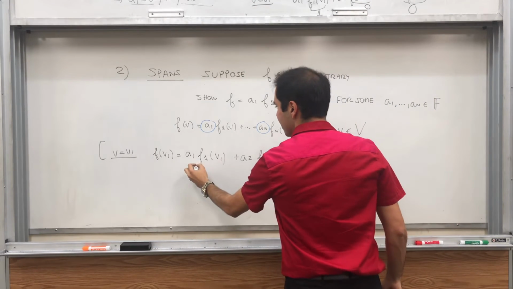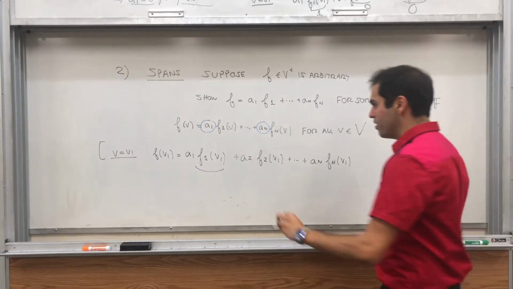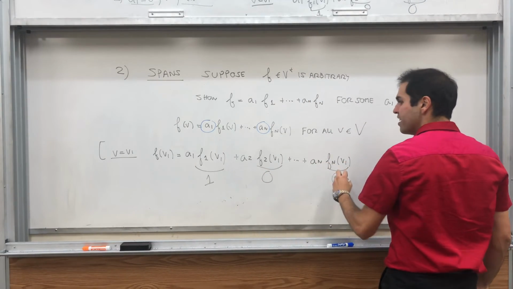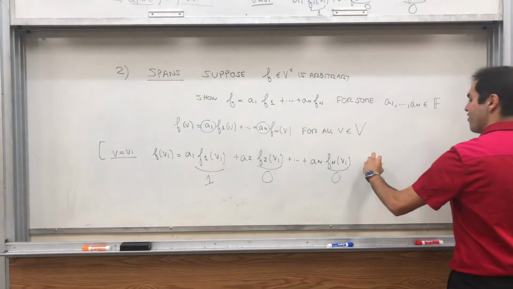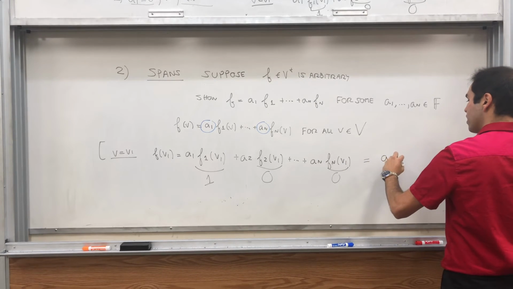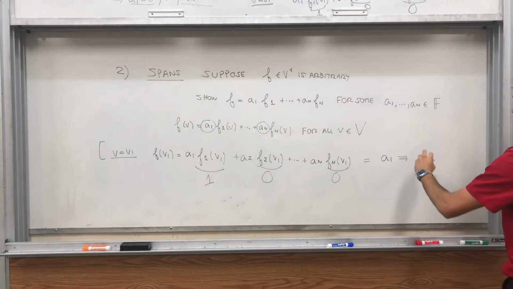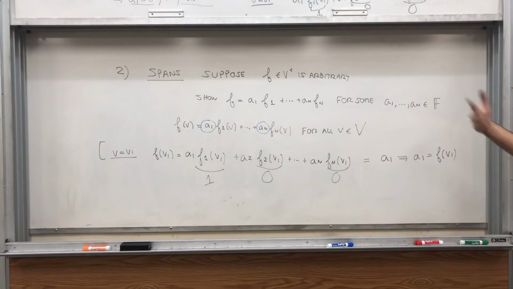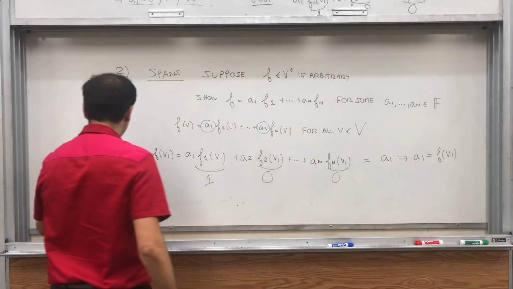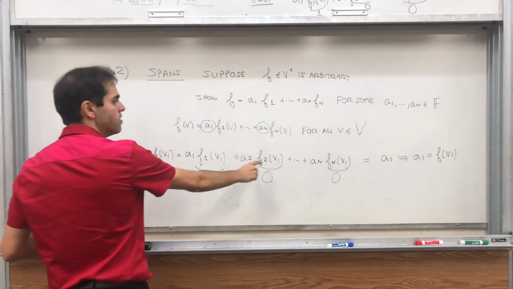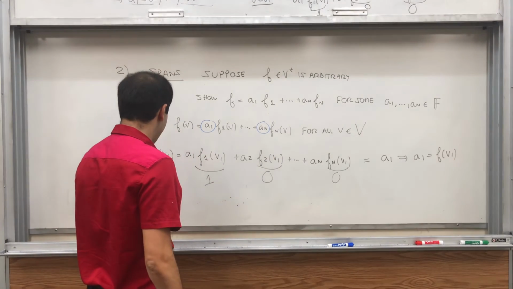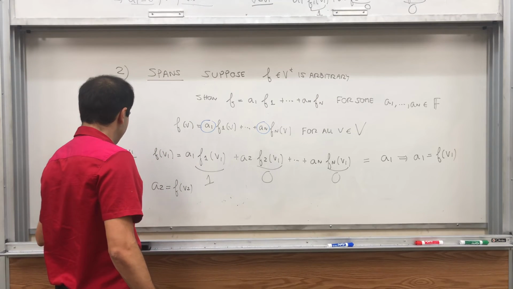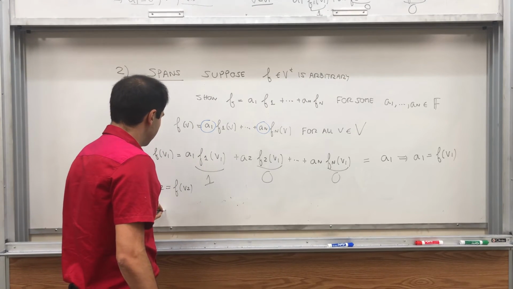But you see, f1 at v1 is 1, and f2 at v1 is 0, and everything else is 0 by definition of the fi's, and therefore we get a1. So reversing this, a1 is f of v1. You can continue, let v be v2. Everything is 0 except the second term, and you get a2 is f of v2, etc. When v equals vn, an is f of vn.